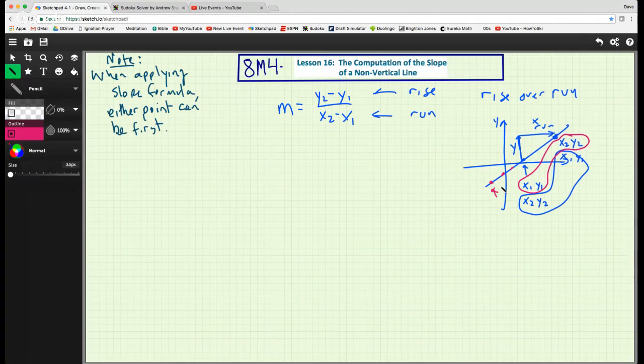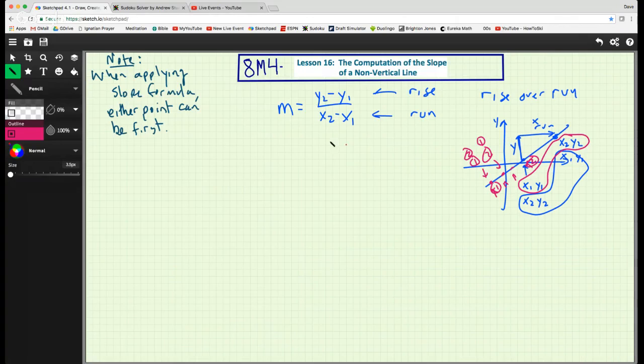You could use this point, this point, this point, this point, any of those 5 points, any 2 of those 5. And then you can also do them in any order. So this could be point 1, and this could be point 2, or this could be point 1, and this one could be point 2, or this one could be point 1, and this one could be point 2. Doesn't matter.